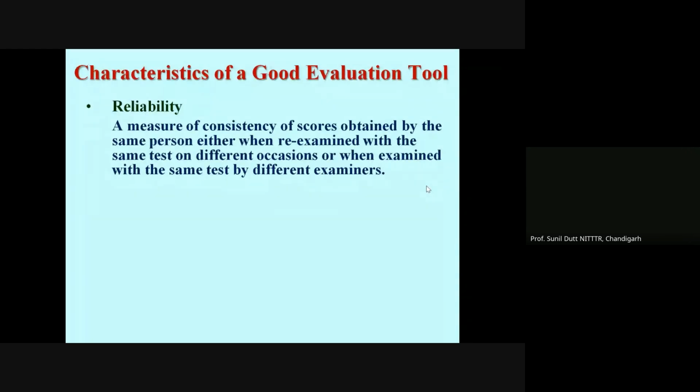Unless the measurement can be shown to be reasonably consistent, or you can say generalizable, over different occasions, different samples of performance domain, we can have little confidence in the results. Now, on the other hand, we cannot expect our results to be perfectly consistent. Why?